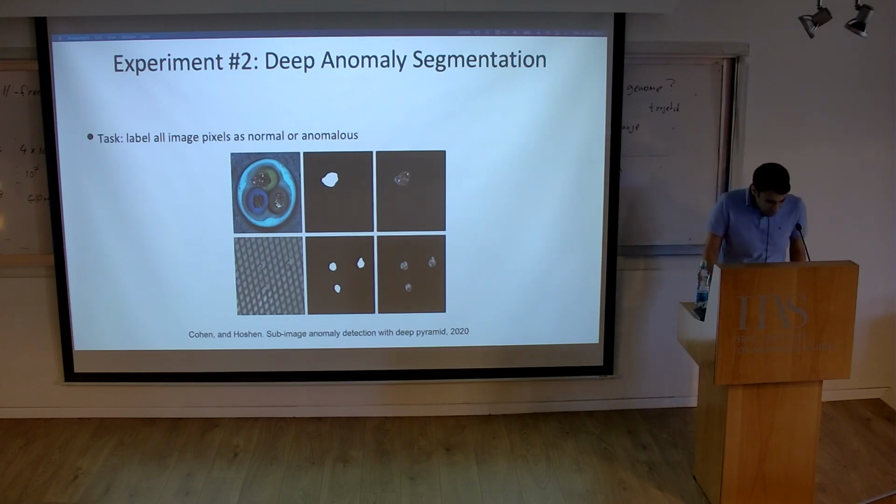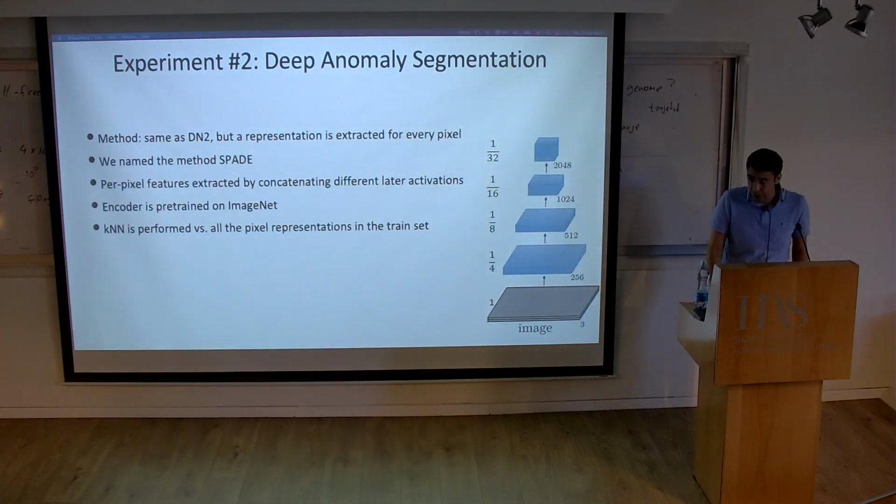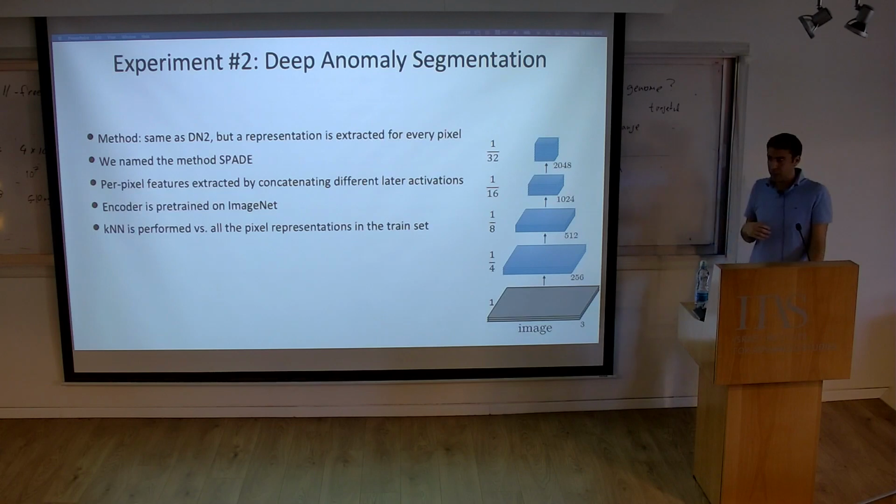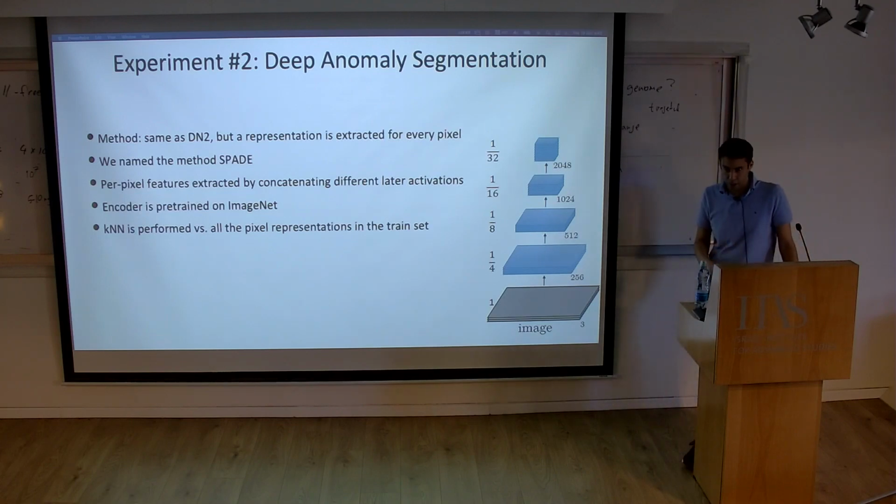We basically tried about the same technique. Now we use the deep neural network to extract representations, not for the entire image, but for every pixel in the image. I'm actually not going to go too much into the technical details of that because Niv is going to elaborate on that a little bit more, and you're also going to try this out in an actual Colab.